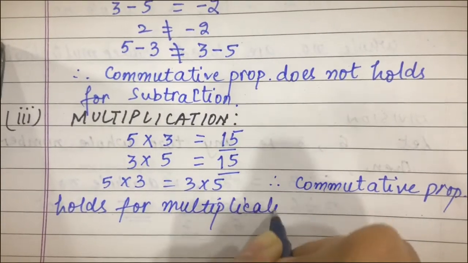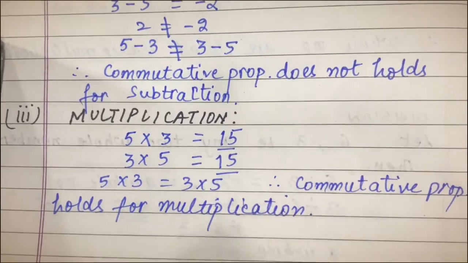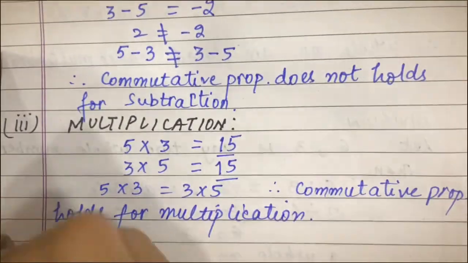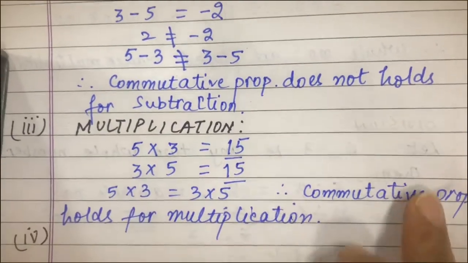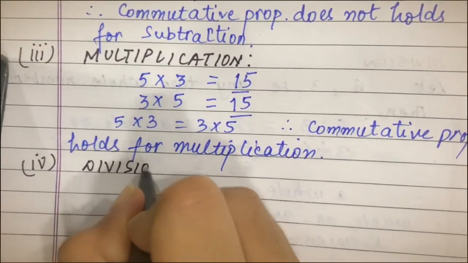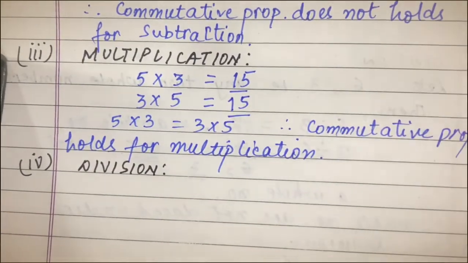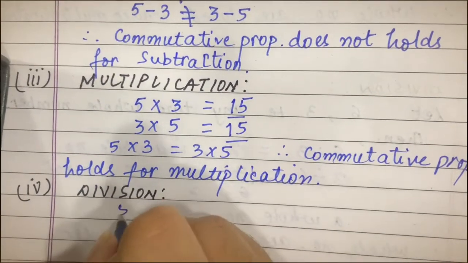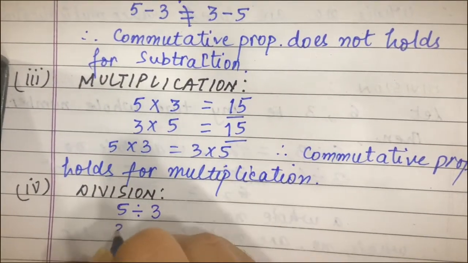Remember, I am not writing whole numbers here because we are already doing all properties for whole numbers only. The last operation now, division. Let's check for division. Let's take 5 and 3 only. 5 divided by 3 or 3 divided by 5.